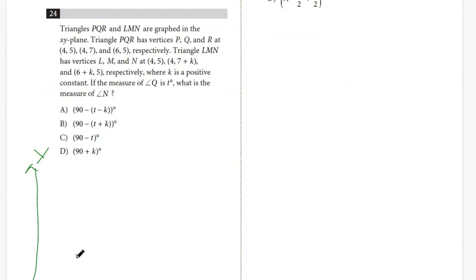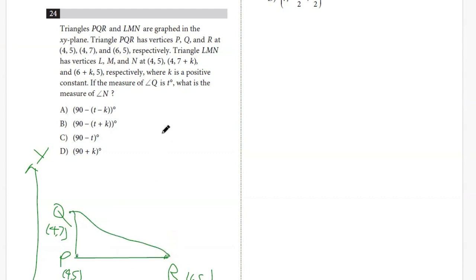I'll say that this is P, this is R, and this is Q. And I'll write the coordinates for you: 4, 5, 4, 7, and 6, 5. Let's draw this out. And Q is t here.